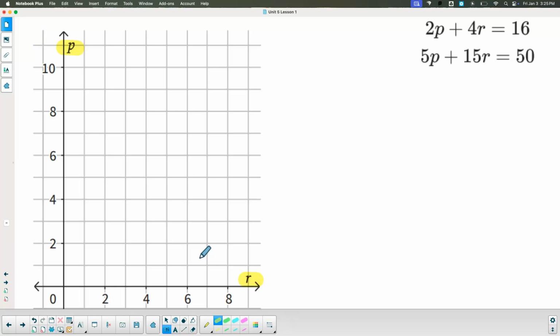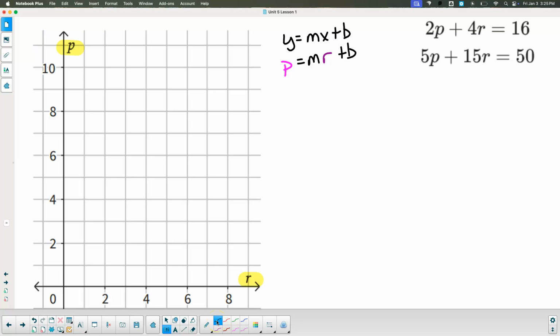So if I'm going to make this be y equals mx plus b to graph this, I'm really going to make this be P equals mR plus b, because P is my Y, R is my X. So I need to solve both of these equations for P in order to graph them without using a table.